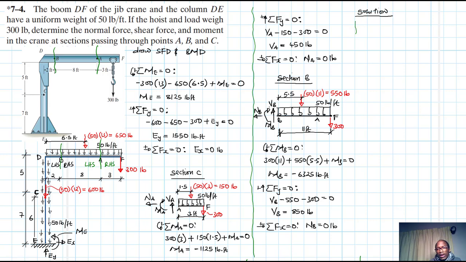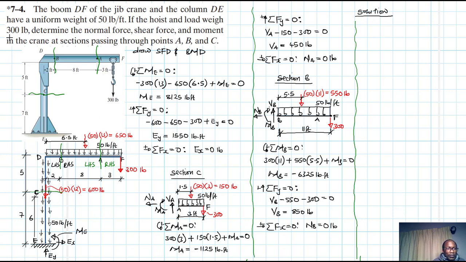Right, let's close this so that we work on the other section. So let's also do another section at C at this point here. So let's draw this section.